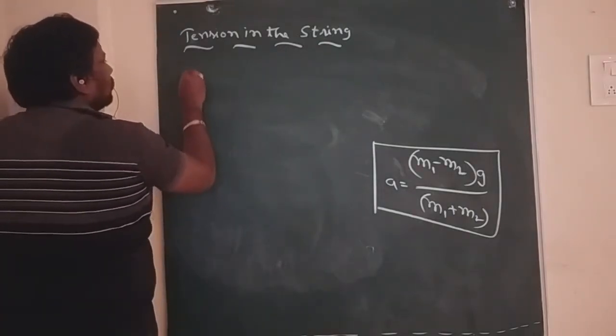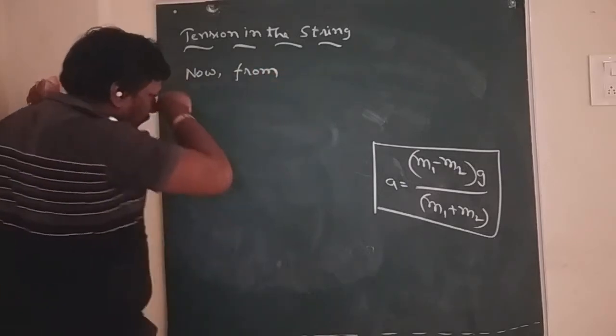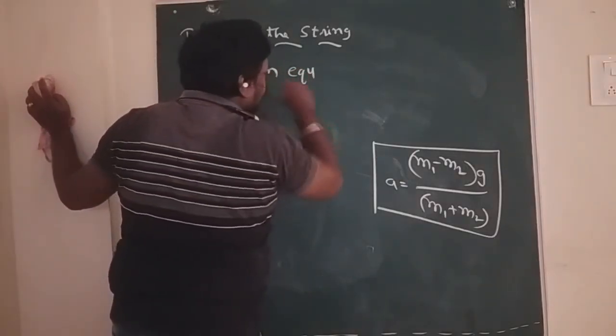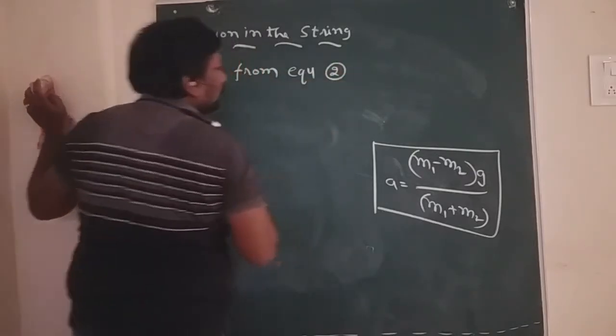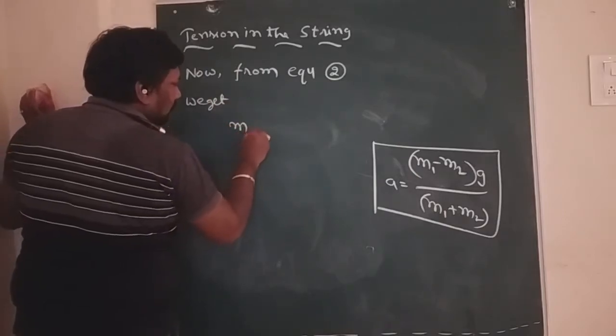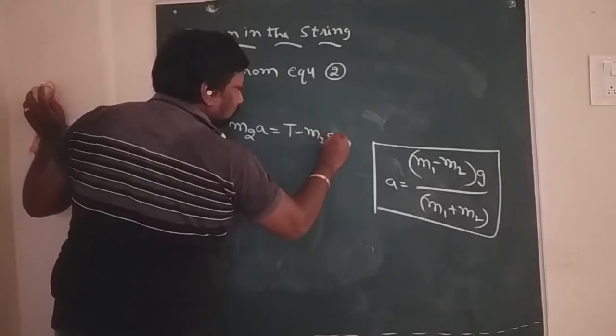From equation 2, we get M2A equal to T minus M2G.